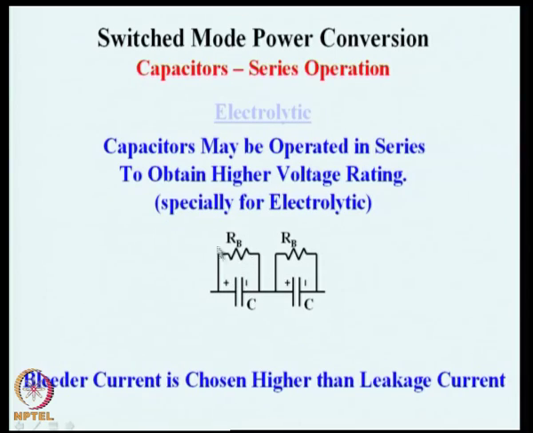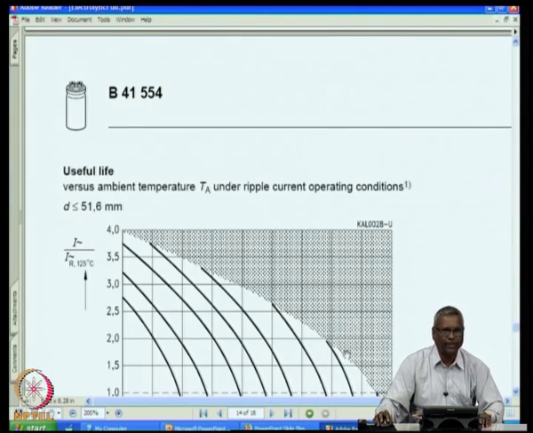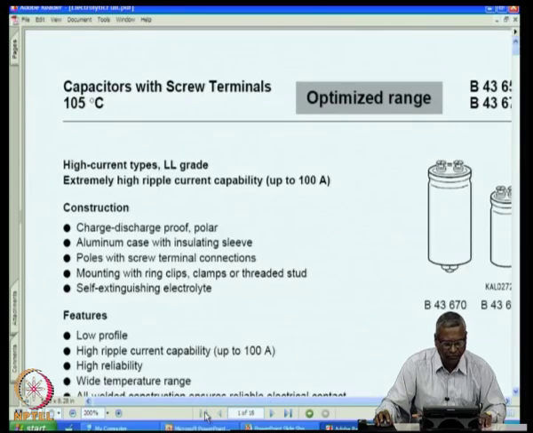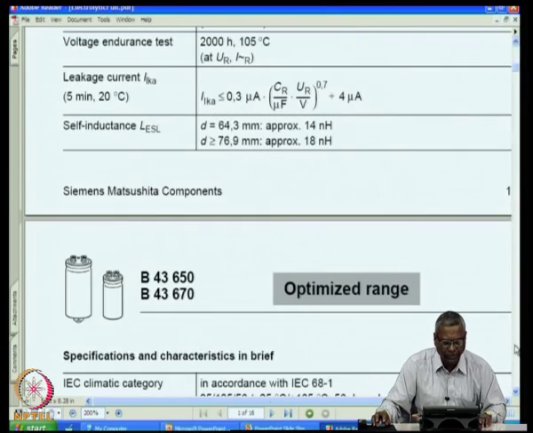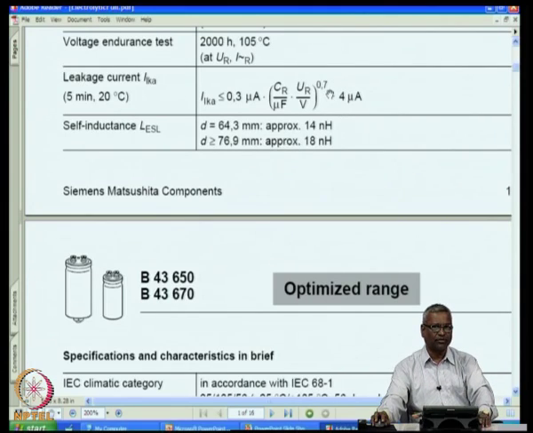This is one way of ensuring that the capacitors share the voltage properly, and it is an additional loss in the circuit. On account of the bleeder resistor, you will have additional losses. A typical electrolytic capacitor we had seen had a leakage current of the order of 4 microamperes plus some number. So, invariably this 4 microampere is the more dominant quantity.